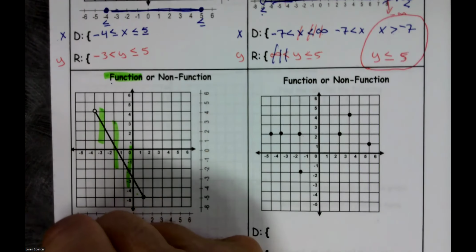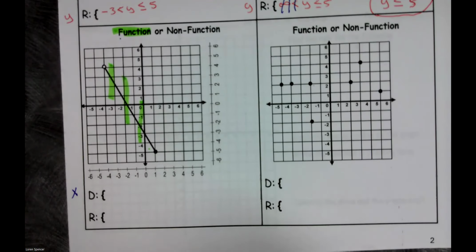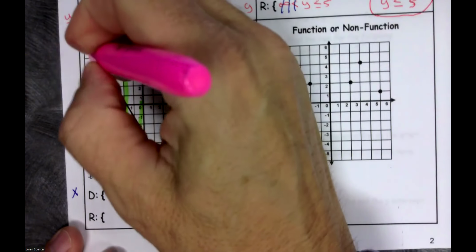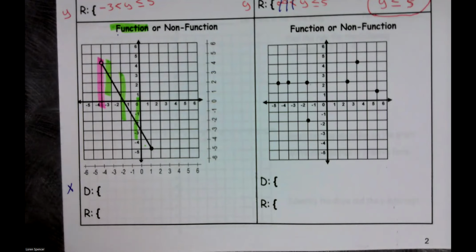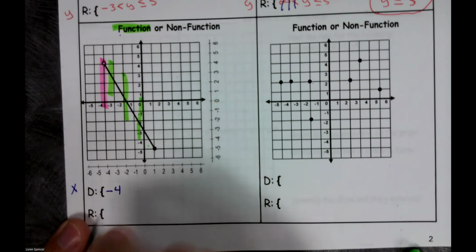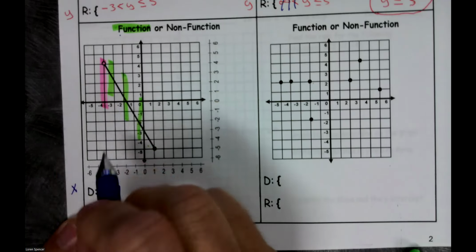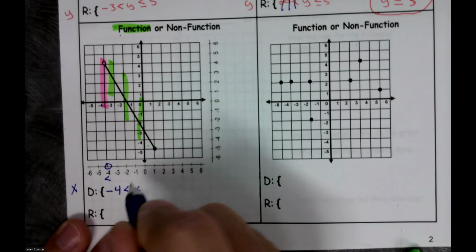Domain is the x's, and because it's the x's, you're going to draw to the x-axis, which in this case is at -4. So we have -4, and that's a hollow, and hollows get a less than symbol, so less than x.